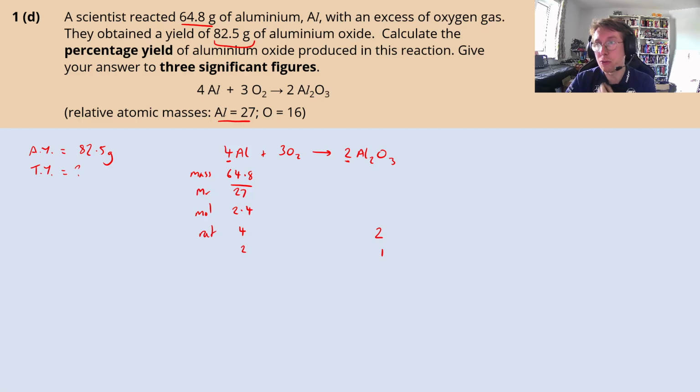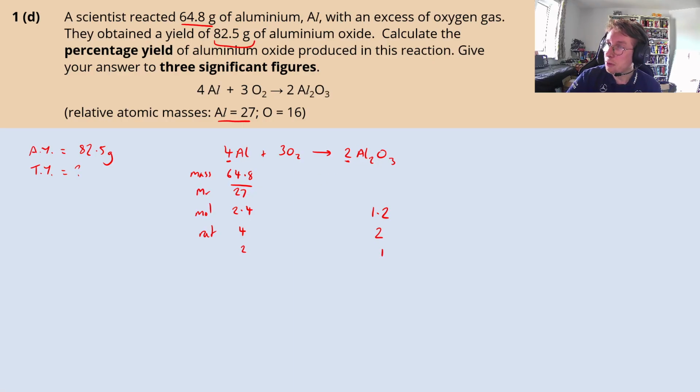That means for every 2 moles of aluminium that's reacted, only 1 mole of aluminium oxide is going to be formed. So we have twice as many moles of aluminium as aluminium oxide. If we've got 2.4 moles of aluminium, we've got half as many moles of aluminium oxide, which means we've got 1.2 moles, because 1.2 is half of 2.4.